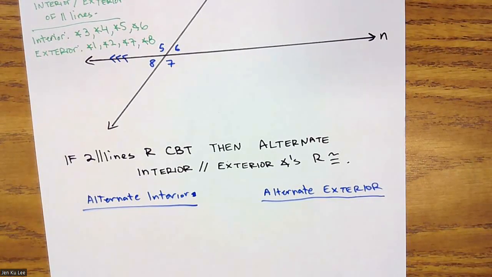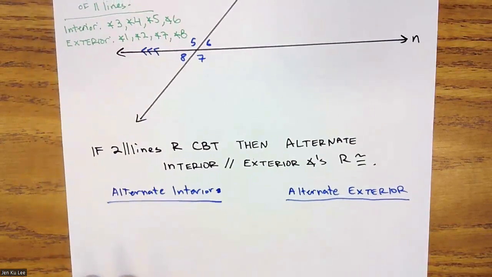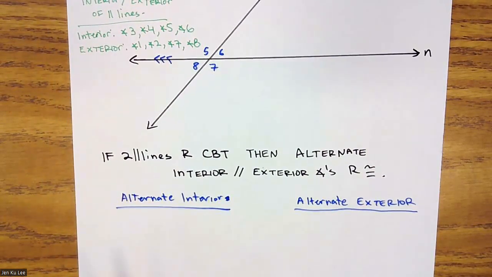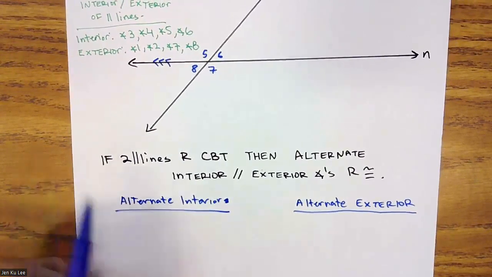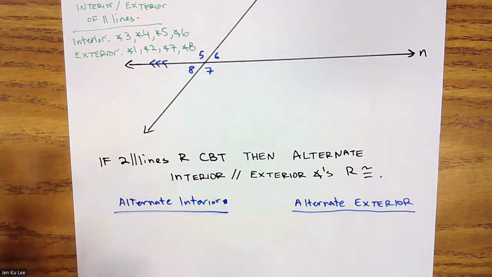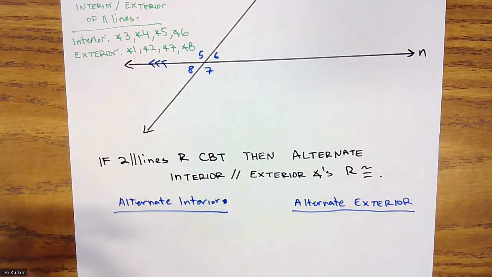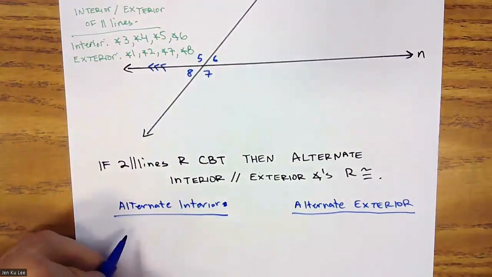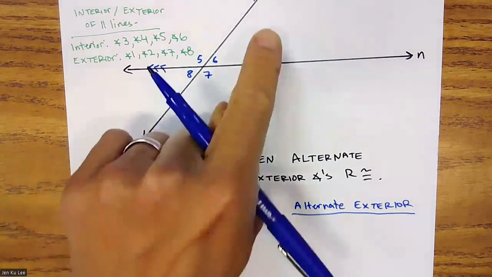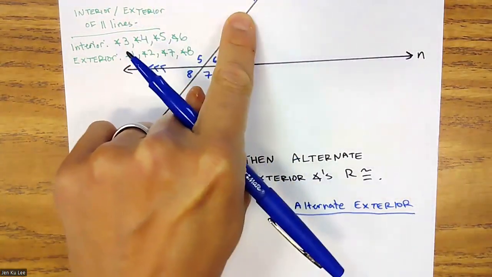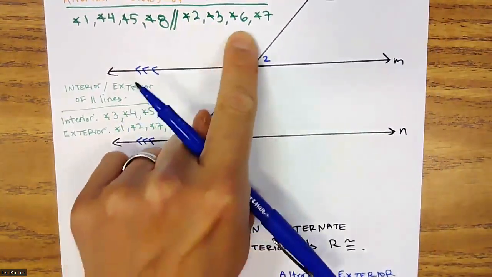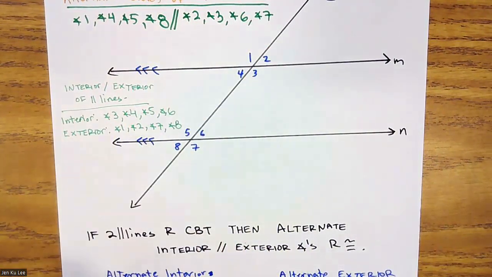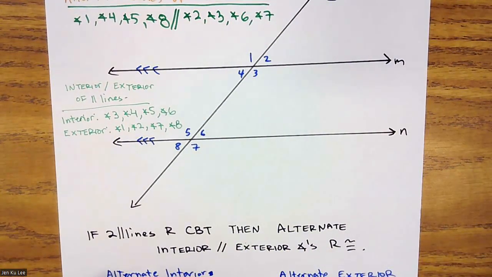So alternate interior angles means that they have to be on alternating sides of the transversal and on the insides of the parallel lines, right? So if I take one inside angle from this group up here, 1, 2, 3, 4, I'm going to take angle 3.